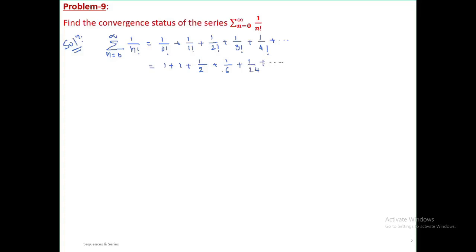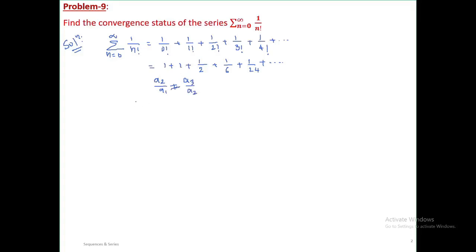So now, is it a geometric series? Verify. So a2 by a1 is 1, right? So a2 by a1 is not equal to a3 by a2. So a3 by a2 value, how much? a3 is half. Half by 1 is half. So this value is half and this value is 1. Therefore it is not equal.